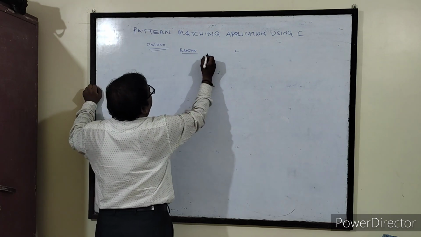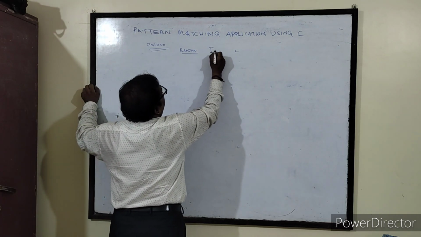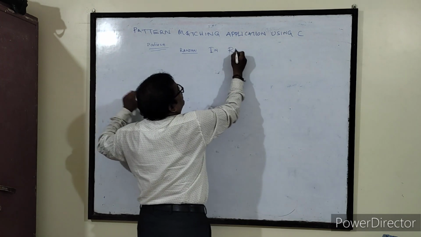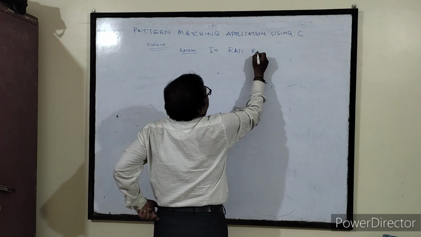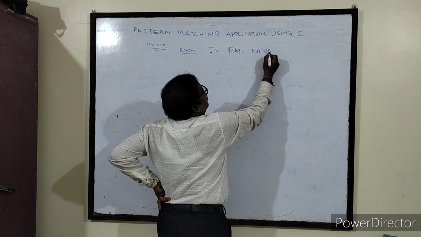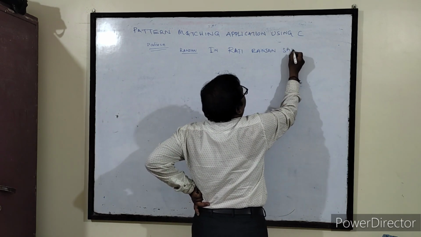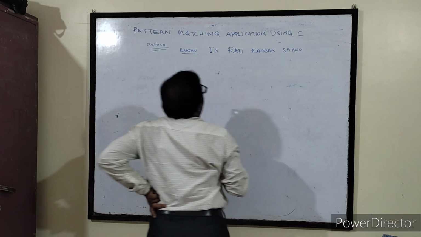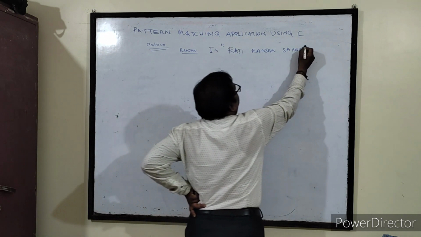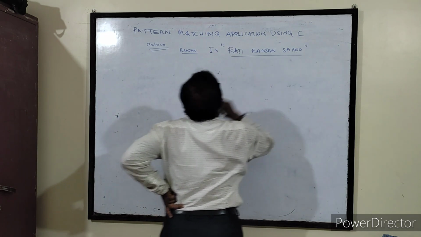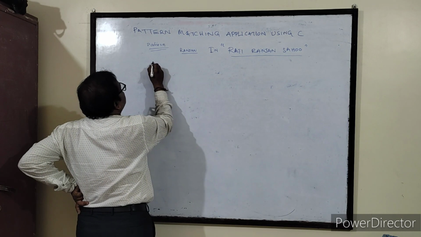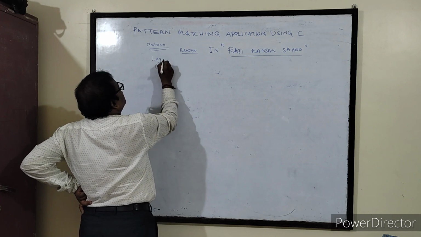What is that pattern here? I must find this Ranjan in Rati Ranjan and Sahu. I must find it in this particular string. What is the logic here? For this, we have to write the logic.